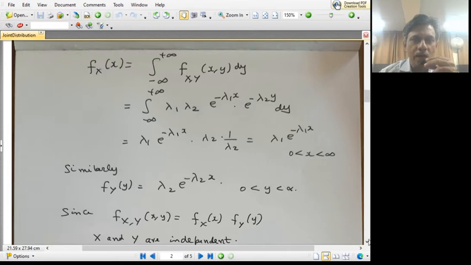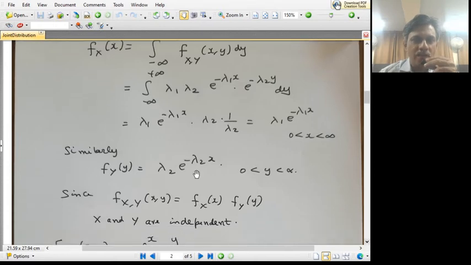So you can see that the joint density function f_XY of x comma y can be written as a product of two factors. One is lambda 1 e power of minus lambda 1 x, another is lambda 2 e power of minus lambda 2 y. In fact, we could have written it in this form even by looking at the joint density function, but it is not just writing in that form.